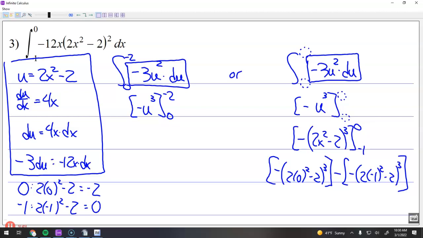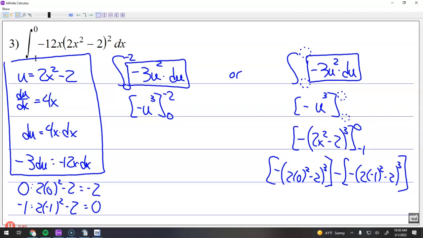I got 8 doing this in my head. That to me is way harder to do in my head or on paper. To me, it's easier to say I'd rather plug into this than this. To make that happen, I also have to replace these two. I'm going to take the 0 and the -1 and figure out what they are now in terms of u. And I know they flipped. That's okay.